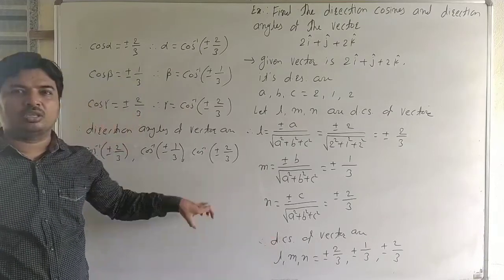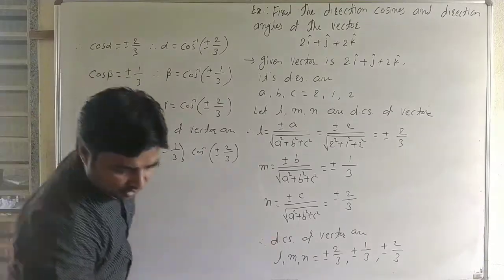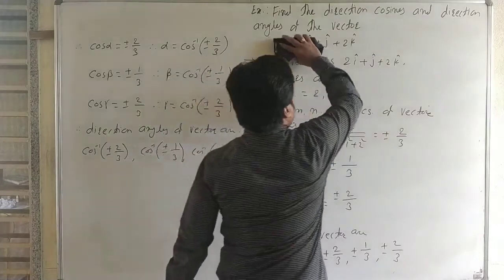L, M, N are cos alpha, cos beta and cos gamma. Now we see the next example, the same way.